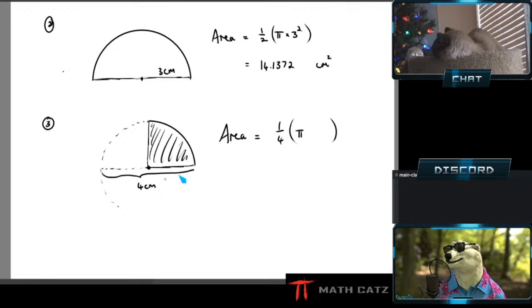The radius is 2 centimeters. Now this is 2 squared, divided by 4. So the answer is really just pi. Calculate it. 3.14159. Or 3.1416 if you want to round it.